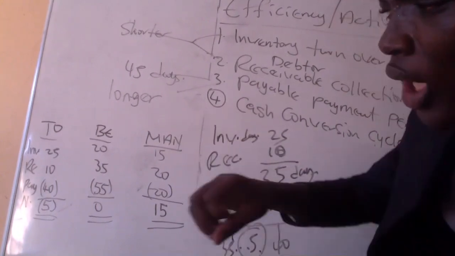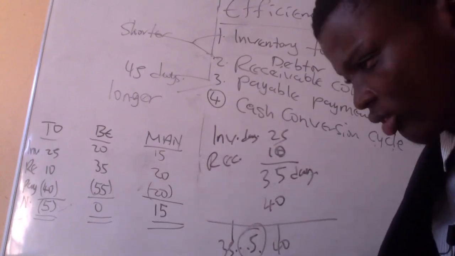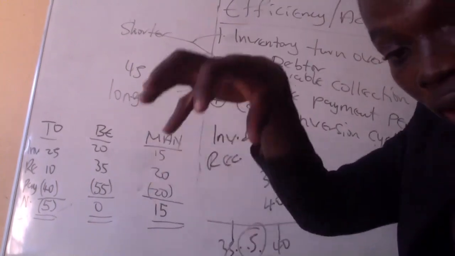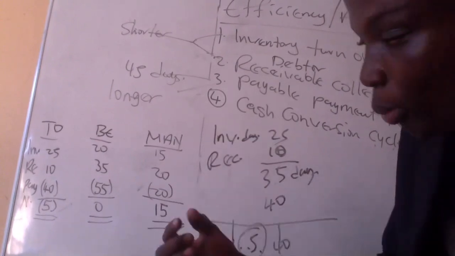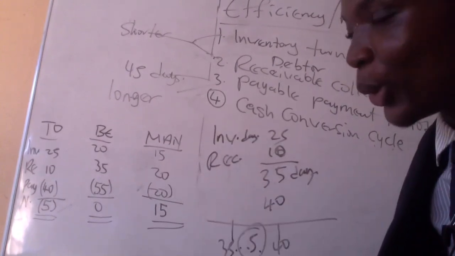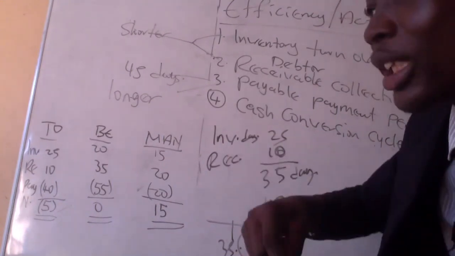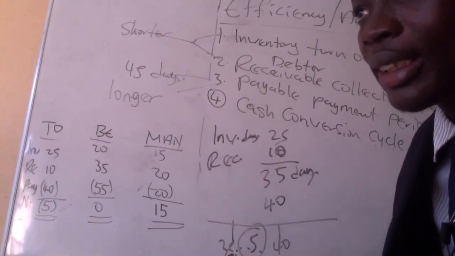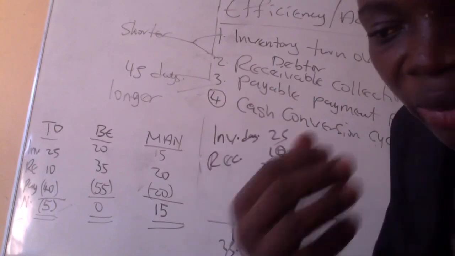Meanwhile, the suppliers have also given him how many days? 55 days. Wow, 55 days. So it means that the day B receives the money, that's the same day the suppliers are coming for it. So that's the same day. So it will take you 0 days to turn over, the same day that the suppliers will come for the money. That's the same day you make the money available.